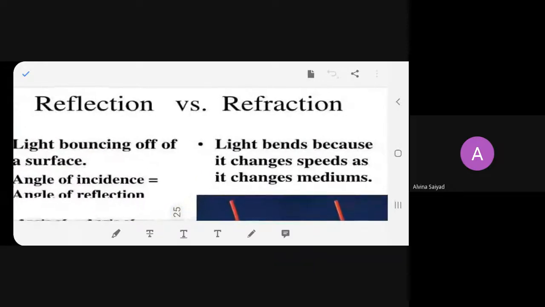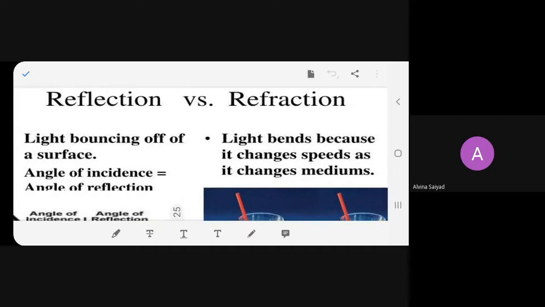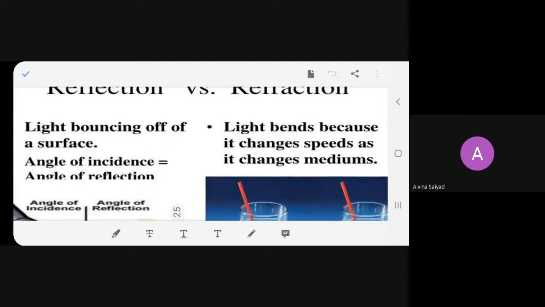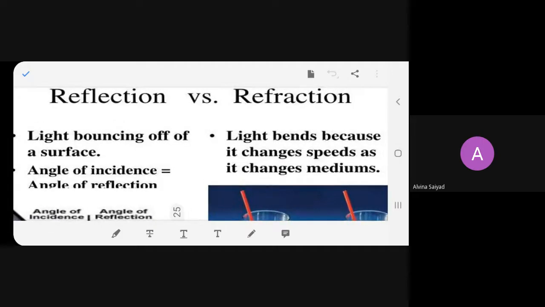Now we are going to see another phenomenon of light, which is known as refraction. We know reflection already. Now we are going to learn refraction. Please read. What is the difference between reflection and refraction?